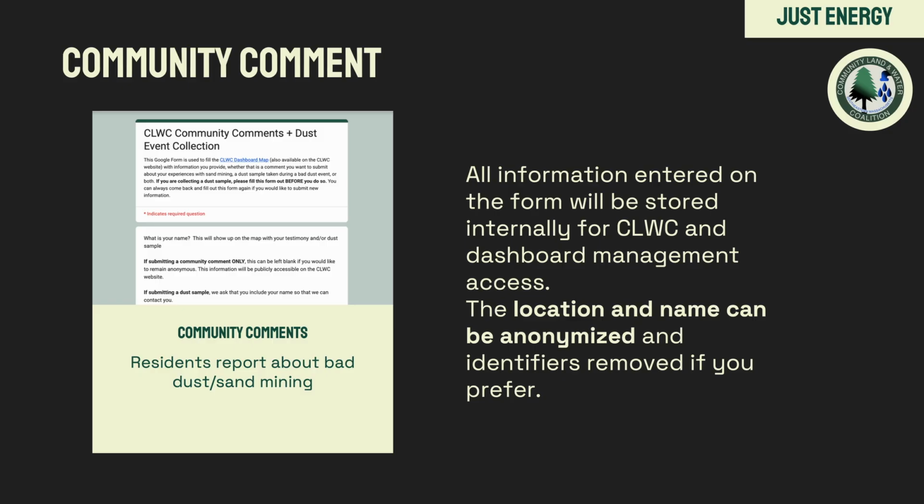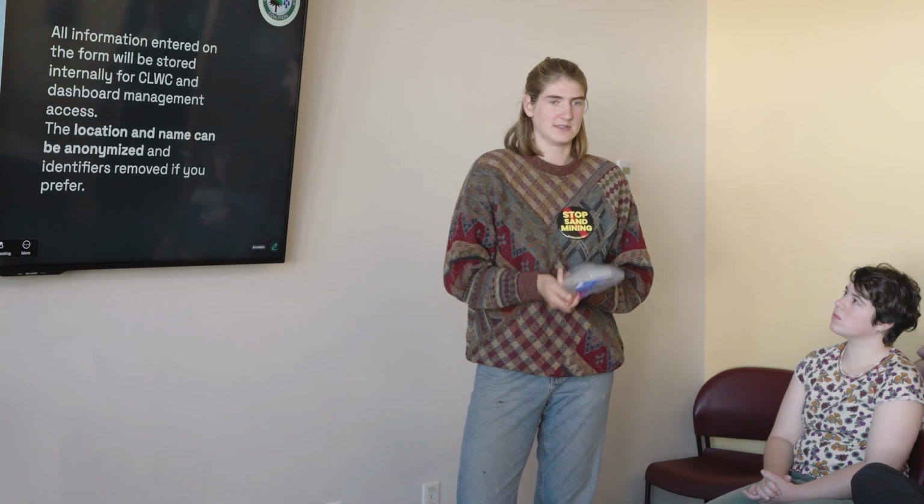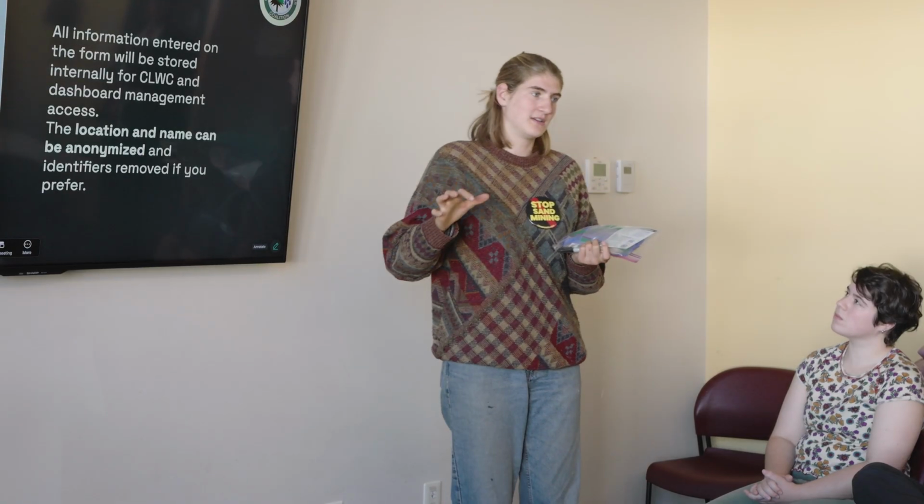And there's a list of specific information we need. But the same idea is to build the pins on that map to understand where and when there's been bad sand. That information will be stored internally at CLWC, and again, your name can be taken off of it when it ends up on this public dashboard.